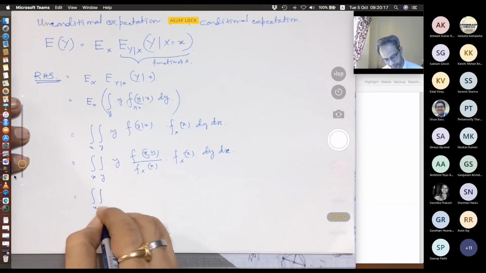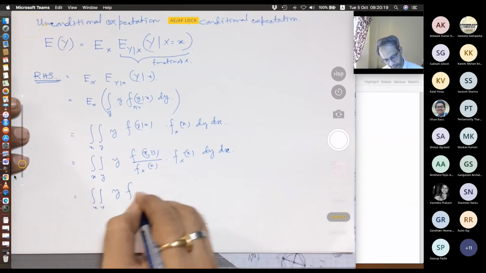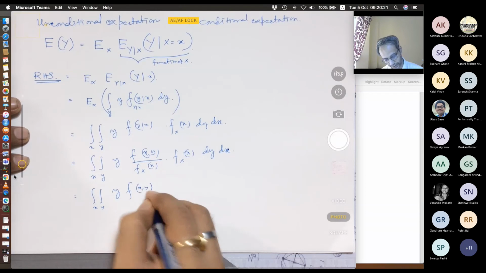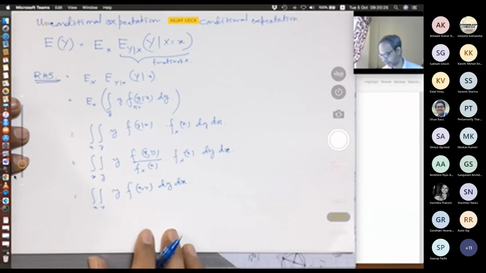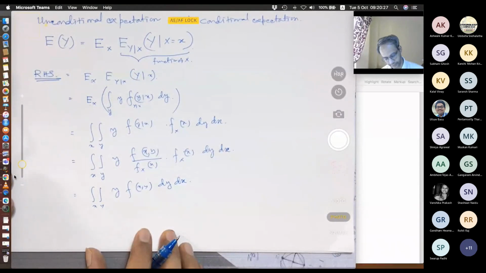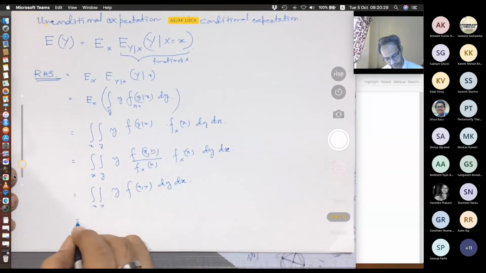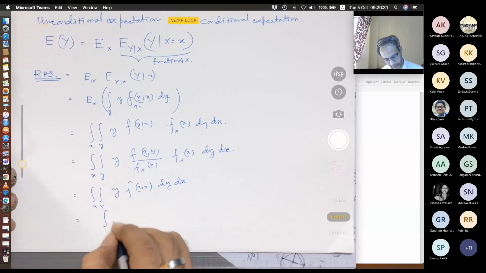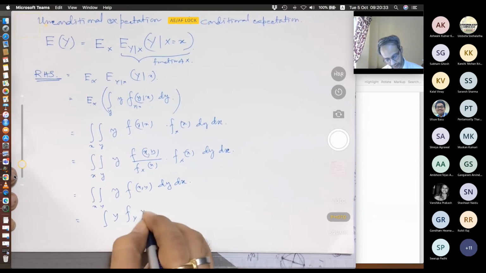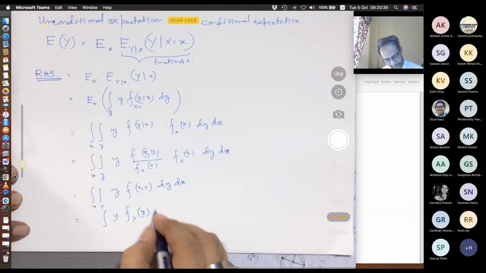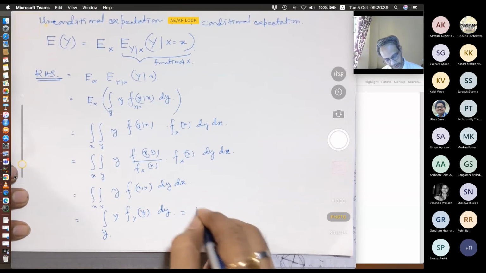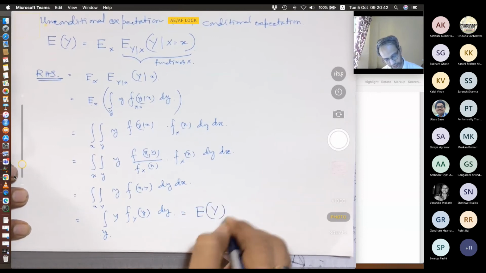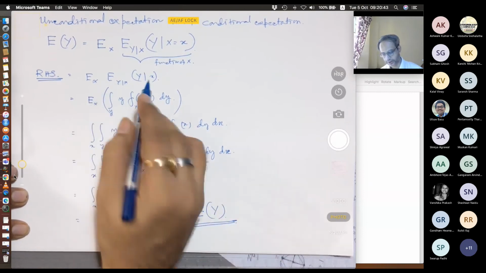Double integration of y f(x,y) dy dx. If you integrate with respect to x first, you will get y f(y) dy, which is nothing but the expectation of y.